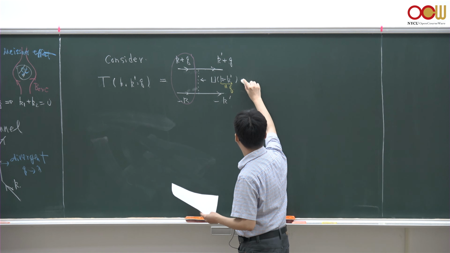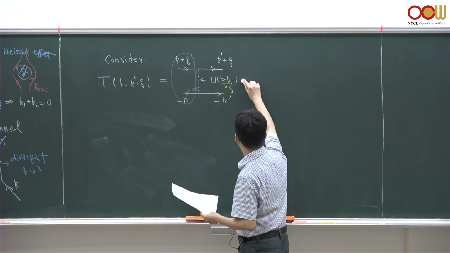You can show this by plugging in the electron creation and destruction operators of this diagram and doing the Wick contraction. Because this is the particle-particle channel, where the electron is created along the same direction, this diagram carries an electron minus sign. This minus sign is here because this is a particle-particle channel.